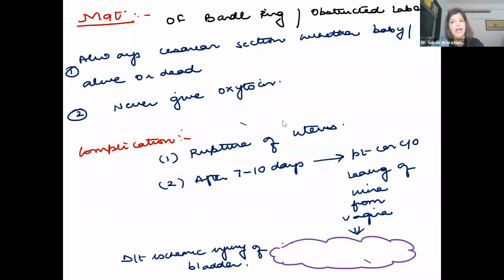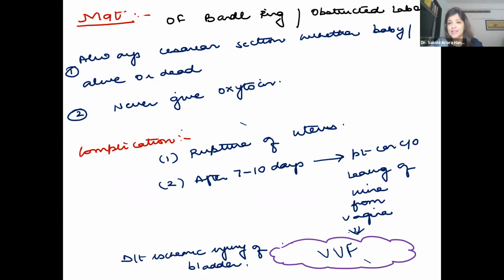The problems which can happen are, it can lead to rupture of the uterus. And when there is obstructed labor, it can lead to ischemic injury of the bladder, and that can lead to a vesico-vaginal fistula, VVF. One very important thing I want you to understand is, all of us know when we study fistulas in gynae, this is a statement which we mug up, that in developing countries, the most common cause of vesico-vaginal fistula is obstructed labor.